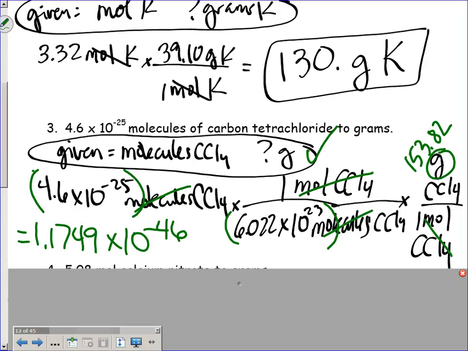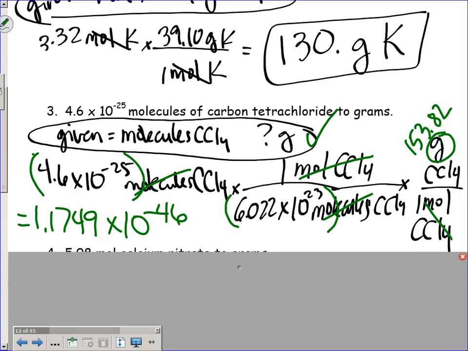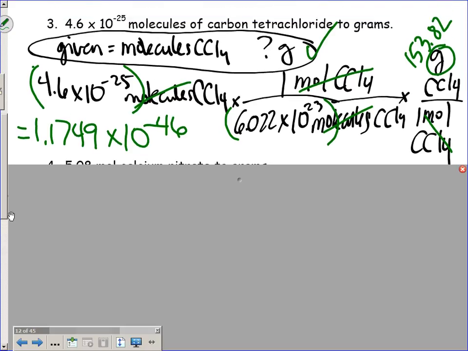And then you divide by 6.022. And then if you don't put the parentheses, your calculator thinks you're multiplying that whole thing by 10 to the 23rd. You need to keep that denominator. You need to put your parentheses. I'm just telling you now, I've seen this for 6 years where people think they know their calculator and they don't. So we get here and we have grams of CCl4. Then sig figs come into play, and what's the number of sig figs we should have? 2 sig figs, so this number here should truly be 1.2 times 10 to the negative 46.